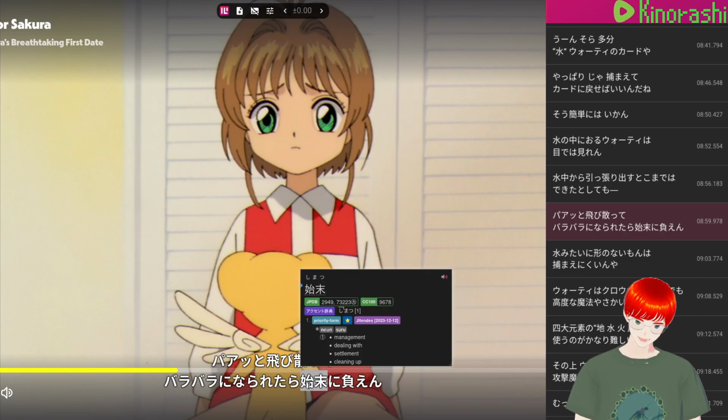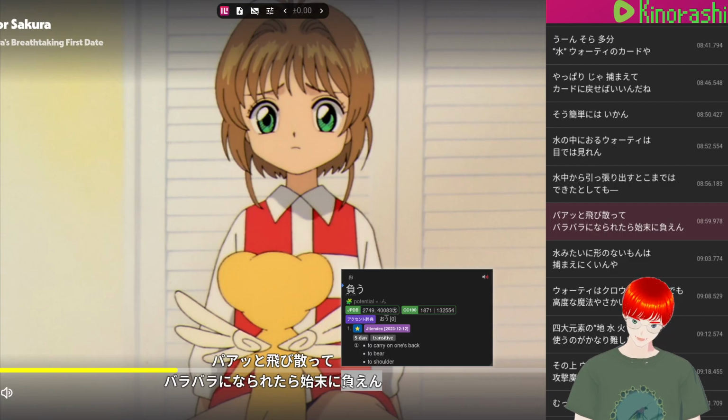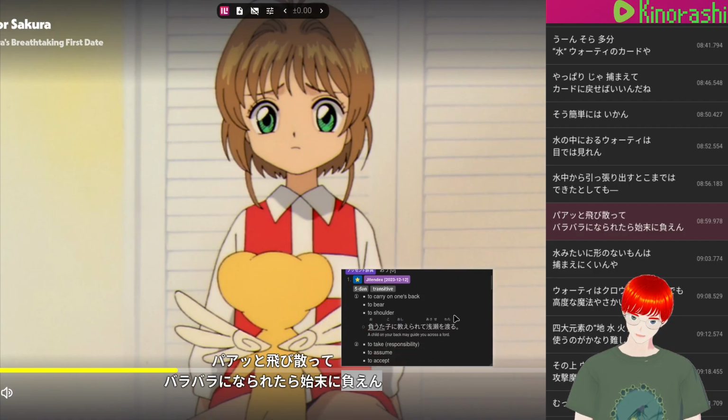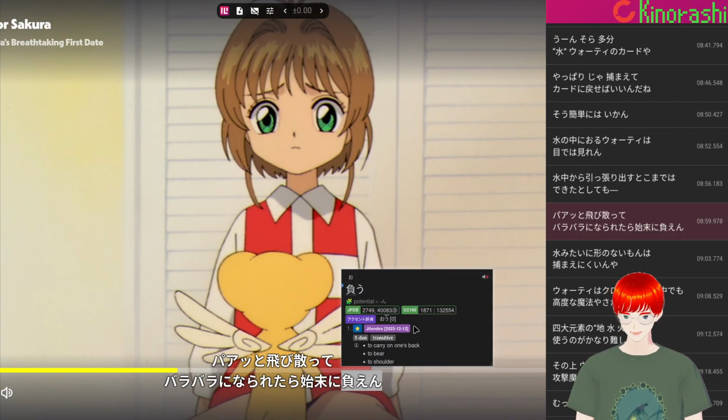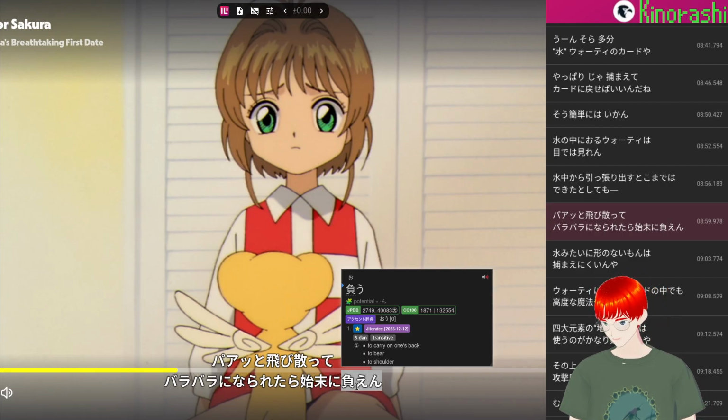So shimatsu ni o, to carry on one's back, to bear, to shoulder, to take responsibility, to assume, to accept. So this is probably from oenai.